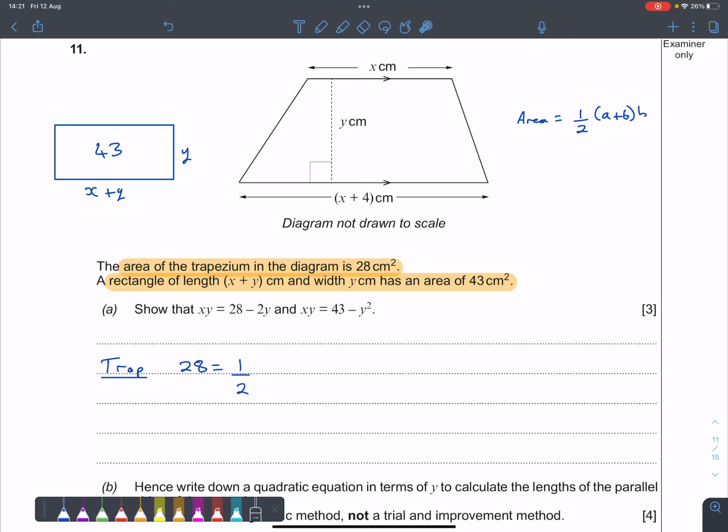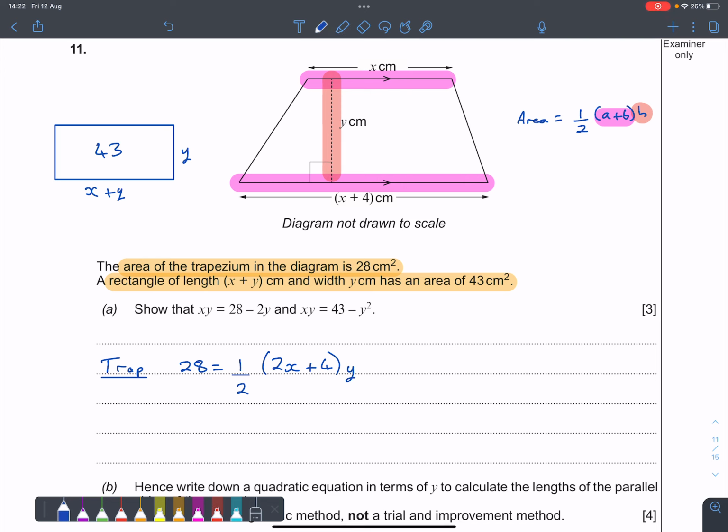So this is your a and b. If I add those together, I get x plus 4. So that's 2x plus 4. And I multiply that by h, which is the distance between the parallel sides. So it's actually this length, y. So multiply that by y.